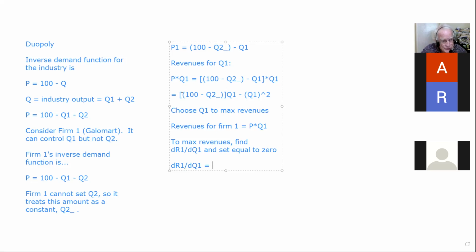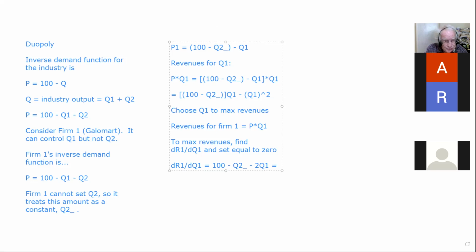Remember that the term in brackets is a constant. So differentiating with respect to Q1 gives us 100 minus Q2, the amount that firm 1 presumes that its rival is producing. And then the second term, Q1 squared, is really easy to differentiate: just minus 2 times Q1.